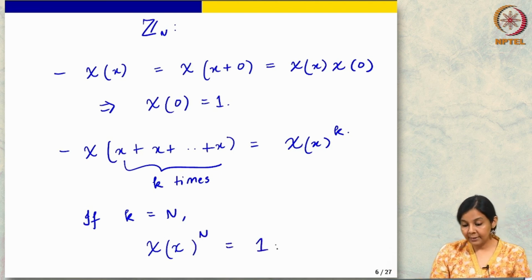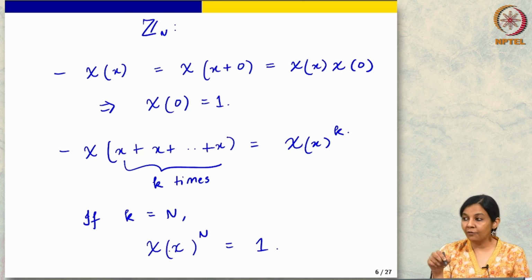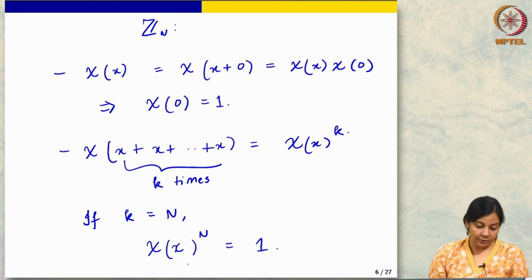Why is that? x plus x, n times, that is n times x, so that becomes 0, and then chi of 0 is 1. So chi of x to the n is nothing but chi of nx, which is chi of 0, which is 1.